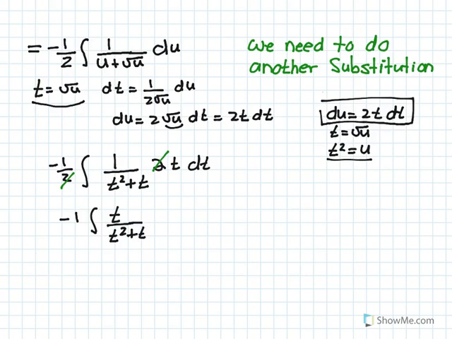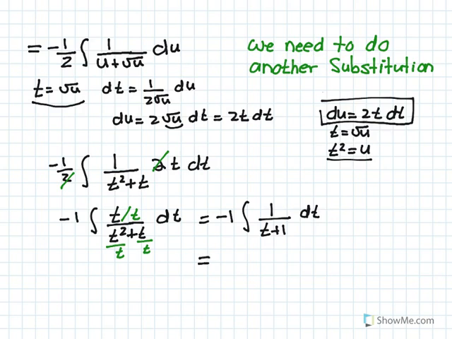You will notice there is a common factor of t in the numerator and denominator, so we can just divide by t and get rid of that factor. Divide the numerator by t, and we're going to get negative 1 integral 1 over t plus 1 integrated with respect to t.